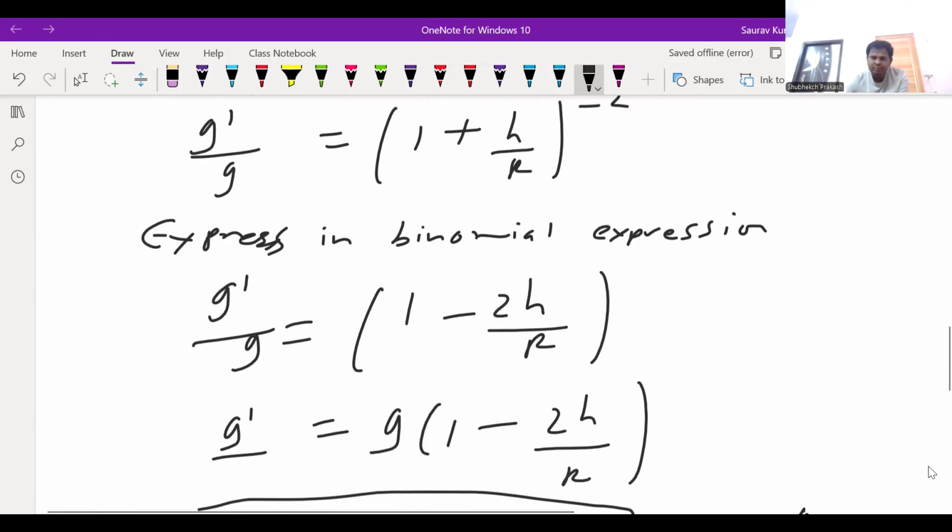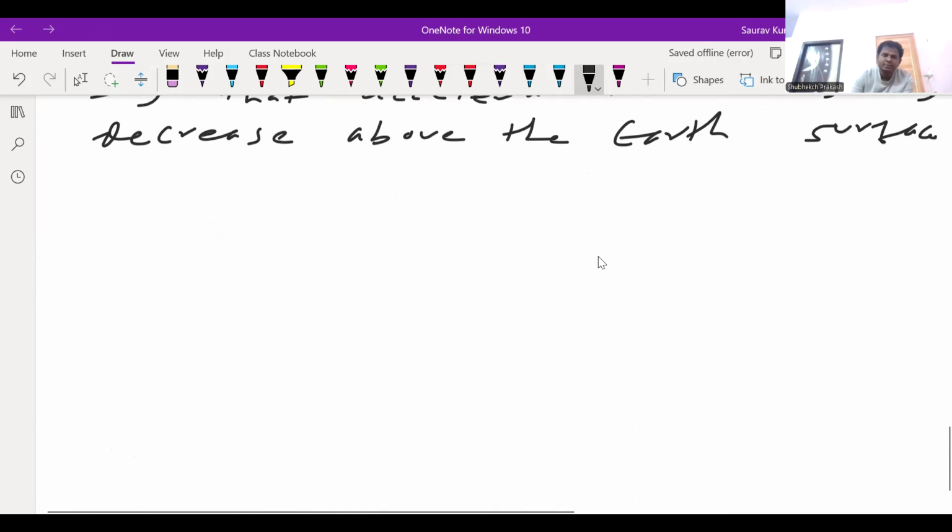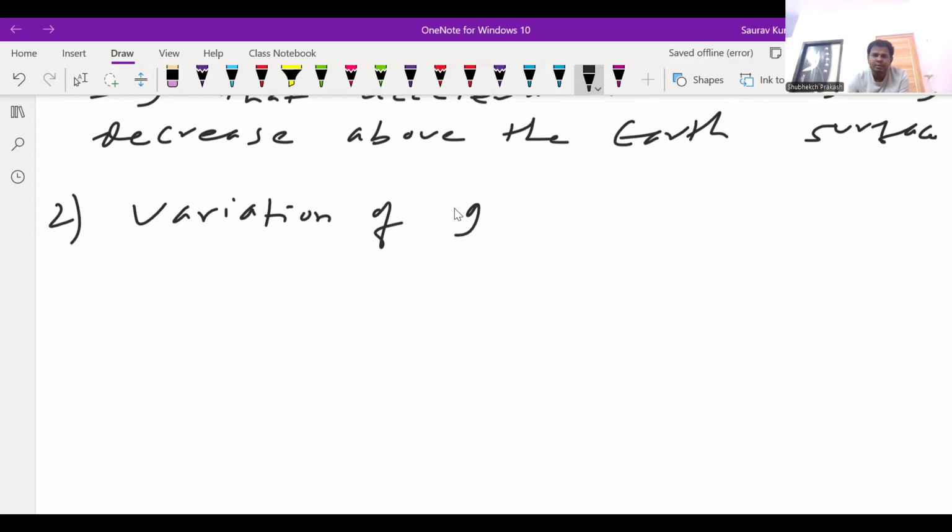Okay, we have discussed the variation of g above the surface. Next topic is the variation of g below the surface.